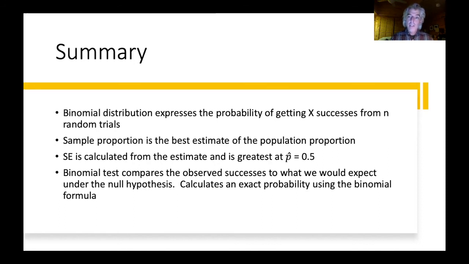The binomial test then provides us with a tool to be able to compare our observed number of successes to what we would expect under the null hypothesis, and to use our equations for probabilities in the binomial distribution to calculate exact p-values using the binomial formula to test our null hypothesis using a binomial test.